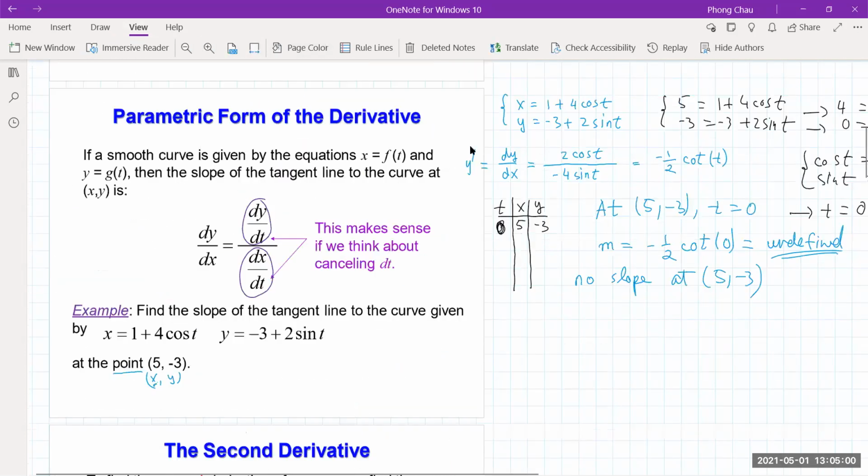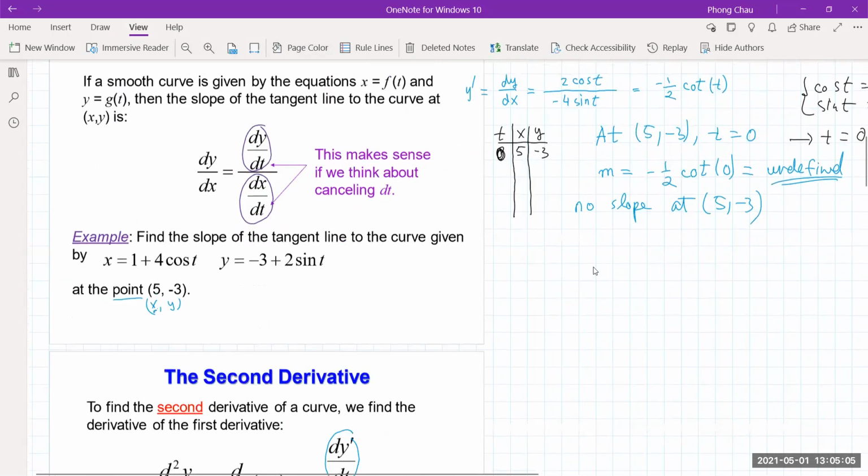Let's use this example up here. The derivative we found here is -1/2 cotangent of t, right?